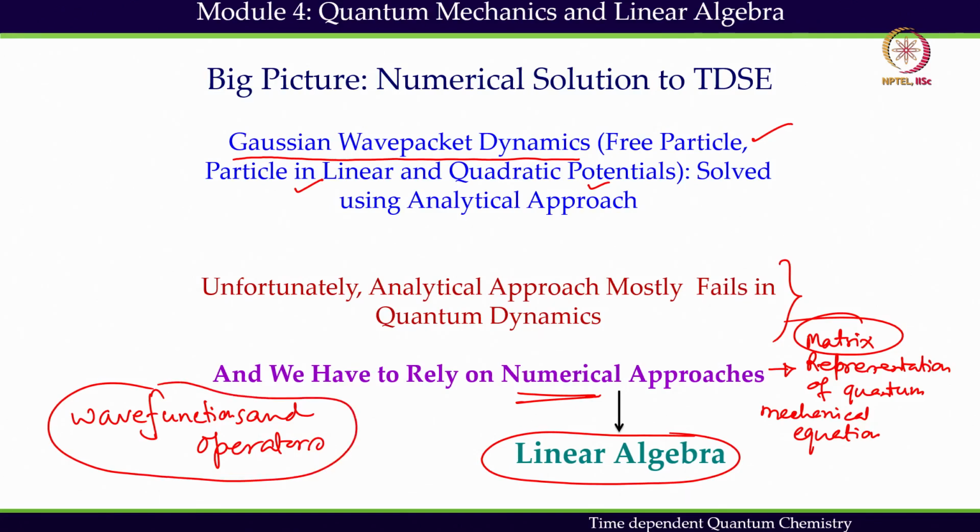If I want to obtain numerical solution to a quantum mechanical problem, first I have to learn how to numerically represent the wave function and operators, because these are the two things we will be dealing with in quantum mechanics. And that is why we will develop a coherent sense of the meaning and the properties of the wave function and the operators from linear algebra point of view in this module.